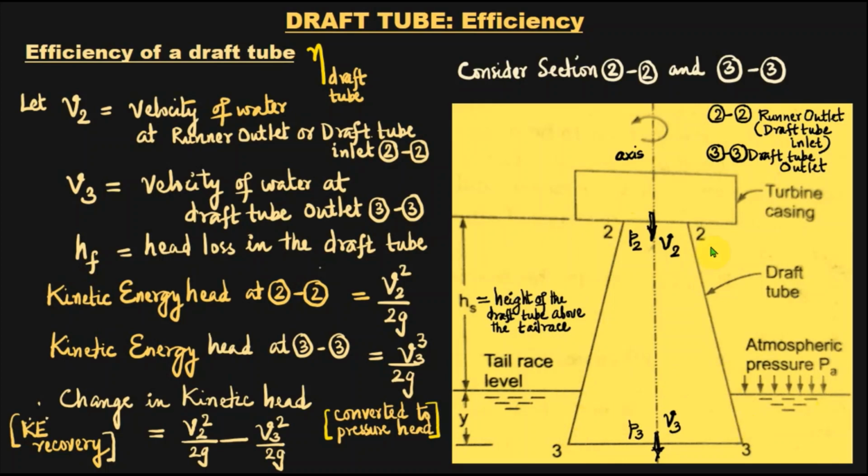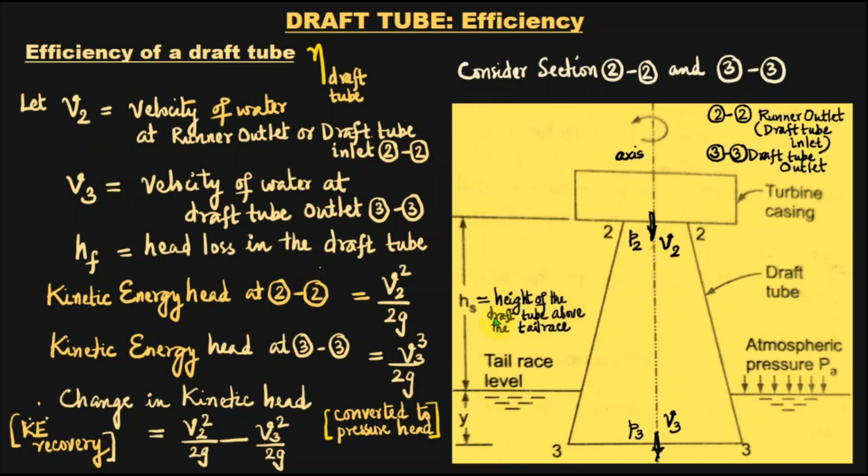And now the efficiency of a draft tube. Consider this schematic diagram. Here the section 2-2 shown here represents the outlet of the reaction turbine runner or inlet of the draft tube, and section 3-3 is the outlet of the draft tube. Here some portion of the conical draft tube is below the tail race and some portion above.